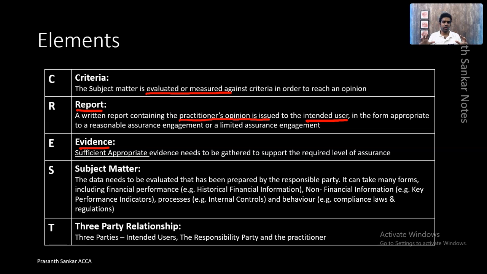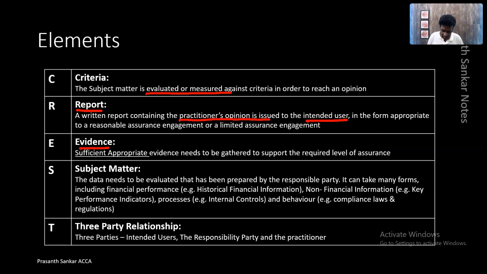Everything we do revolves around gathering evidence. Your partner is going to ask for your evidence. If you're saying that it's true and fair, show me the evidence. If you're saying that it's not true and fair, show me the evidence. Anything that revolves around the subject matter, we need to prove it. Even if it is good or bad, we need to prove it. For that, we need to collect evidence.